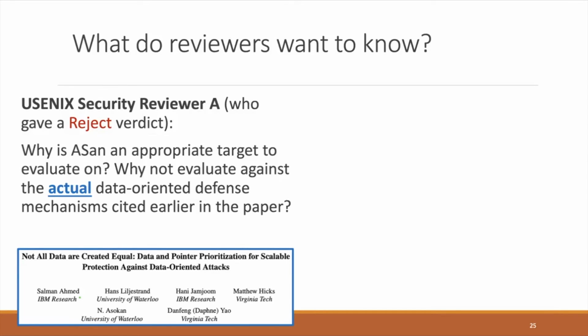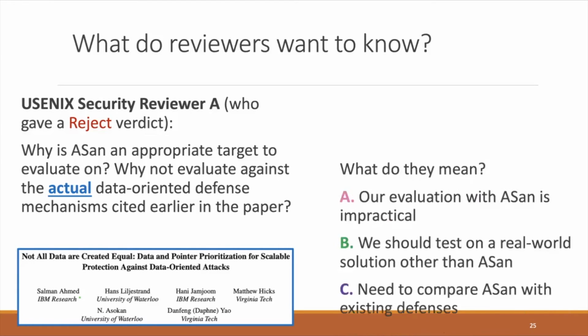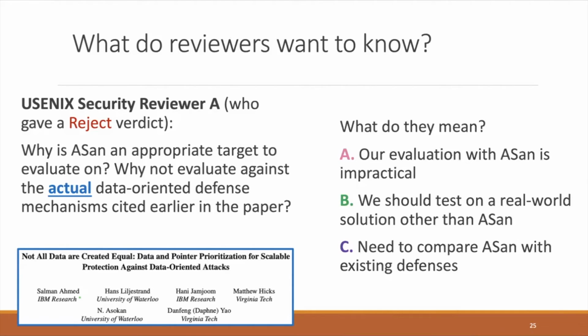This is like a GRE reading comprehension question, okay? Do they mean A, our evaluation with ACM is impractical, or B, we should test on a real-world solution that's different from ACM, or C, we need to compare ACM with the existing defenses?